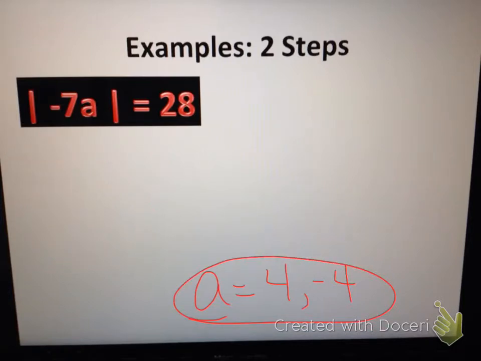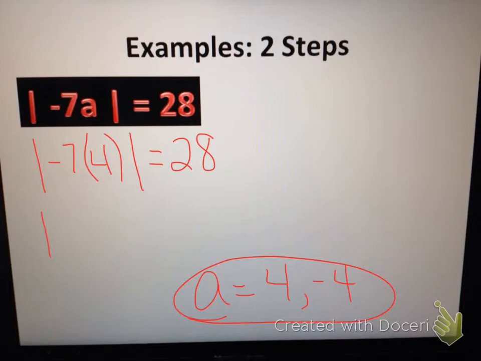If you want to guarantee that you have the correct answer, make sure that you substitute your answers back into your problem. So we will have the absolute value of a negative 7 times 4 is equal to 28. When we solve this out, we'll have the absolute value of a negative 28 is equal to 28. We know that absolute value is the distance a number is from 0, so that answer checks out.